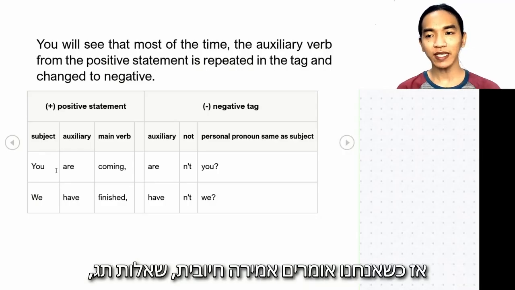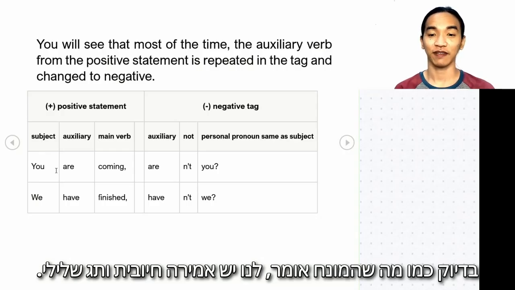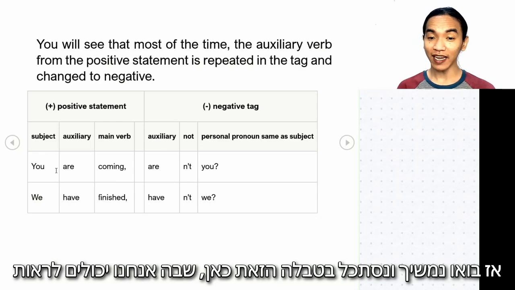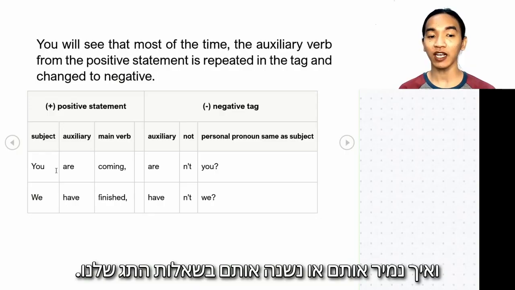So when we say positive statement tag questions, just like what the term says, we have a positive statement and a negative tag. So let's take a look at this table where we can see different sentences using different auxiliary verbs and how we change them into tag questions.